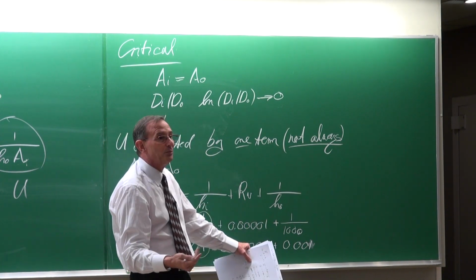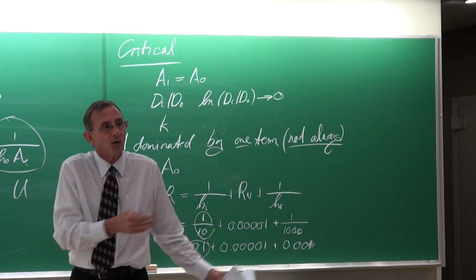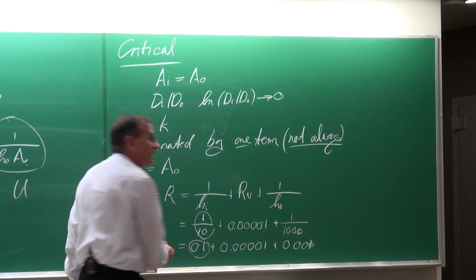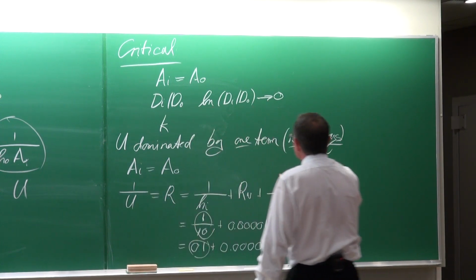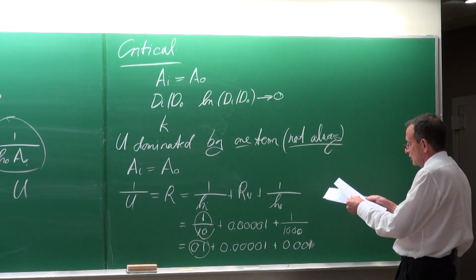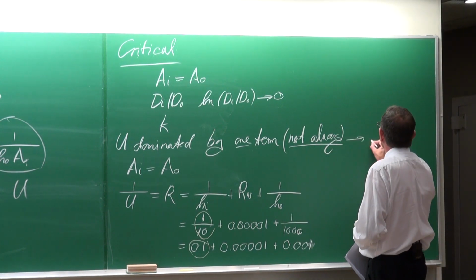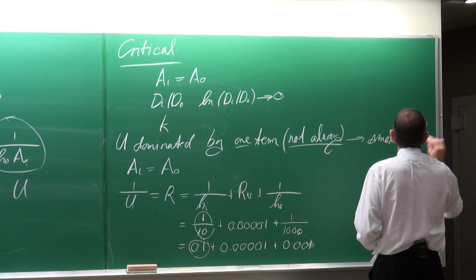It's not going to help you to try to change the wall or to change the material from plastic to copper. It's not going to help. This is the one that needs to be addressed. So it means the U is dominated by the one term, and it would be the smallest heat transfer coefficient.